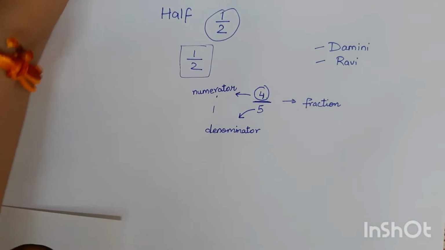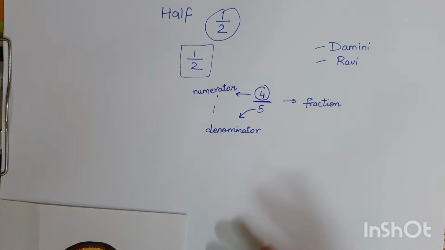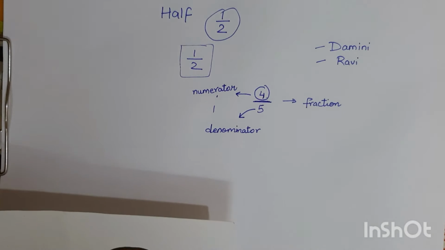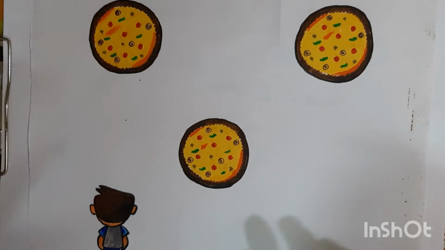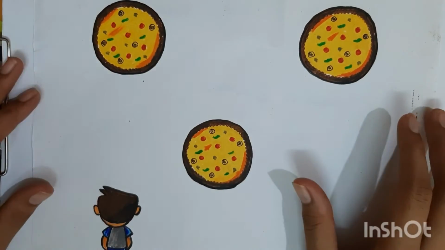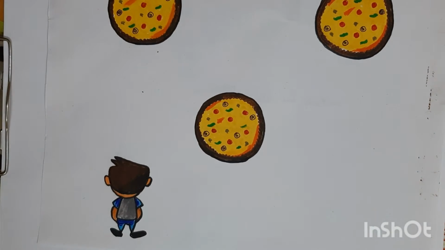Now, to understand about numerator and denominator, we have to listen to a story, an interesting story about pizzas. Okay, there are 3 pizzas and this boy is Rahul. His name is Rahul. Say hi to Rahul.